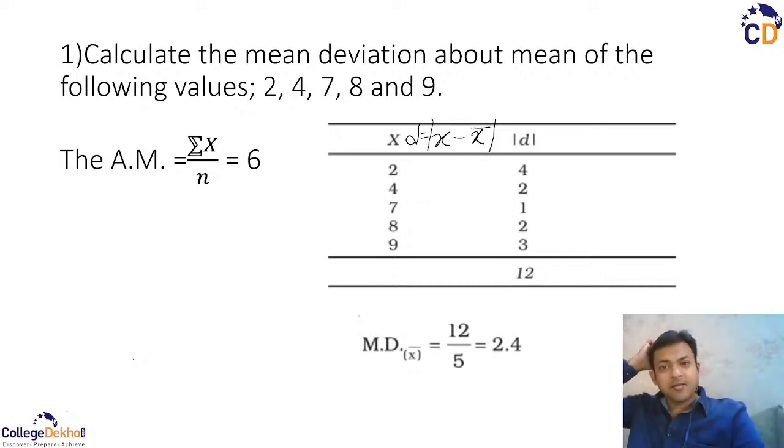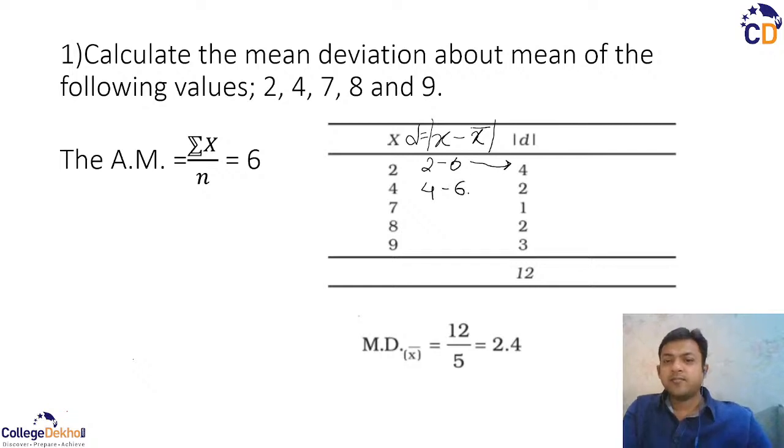For the first row, it would be 2 minus 6, that is minus 4 within modulus, so plus 4. For the next row, it would be 4 minus 6 within modulus, so it will be equal to 2. Similarly, 7 minus 6 within modulus will be equal to 1.